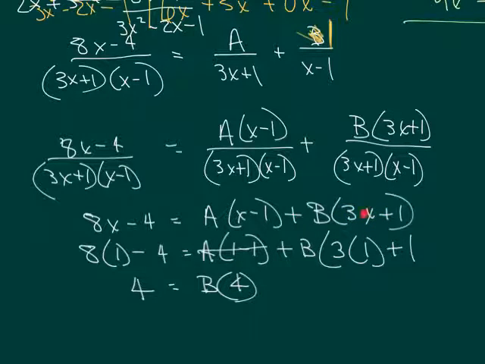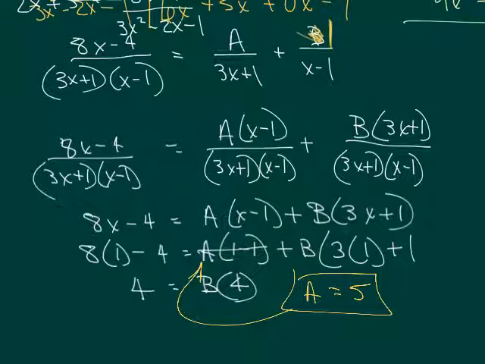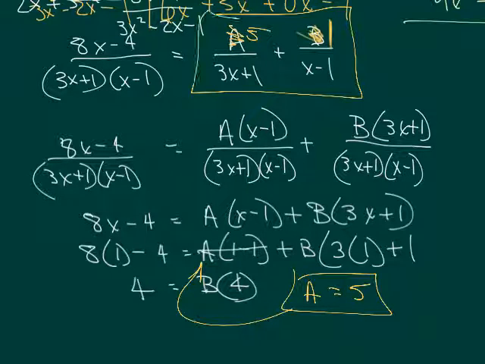So if I put a negative 1/3 in here for each of these x's, I'll end up finding my A value, and my A value is going to be 5. When I do all of this kind of work there, plug that negative 1/3 in for x. So then this will change to a 5, and this answer right here is my decomposition of my partial, decomposing into my partial fractions.